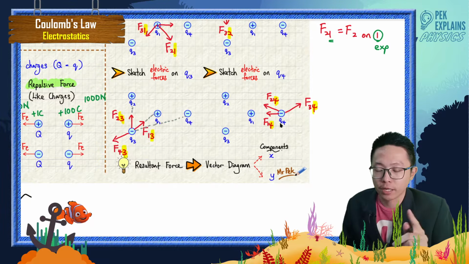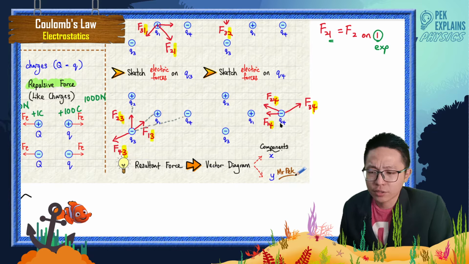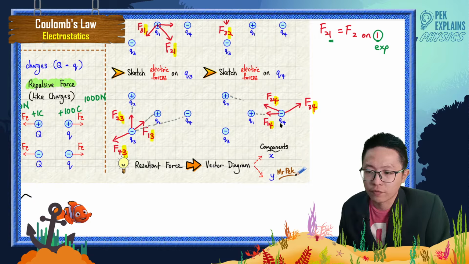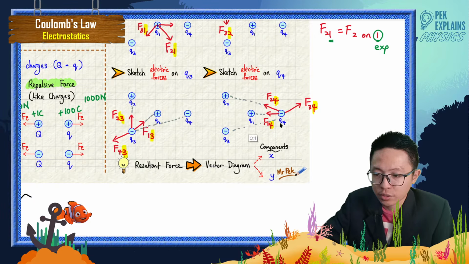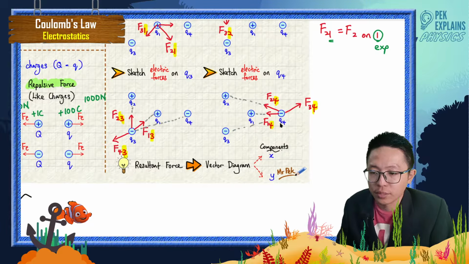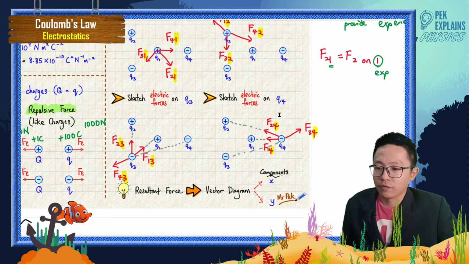So the force must be behind. Now let us draw some dotted lines to show the origin of the force, so that we know this force is between which charges. If you have a ruler, better use a ruler. Okay, so these are the forces.